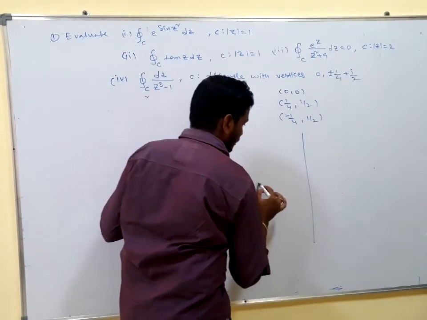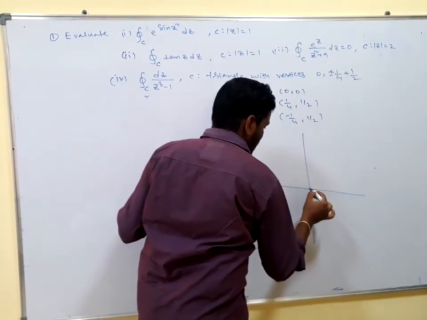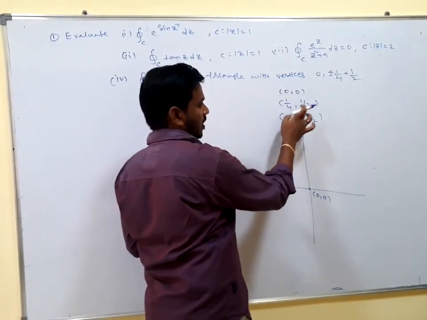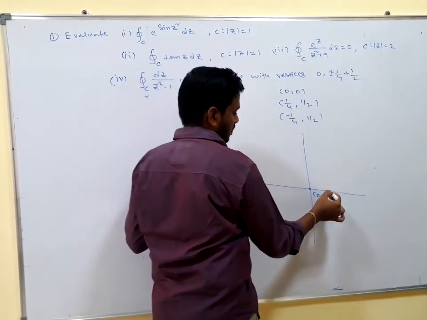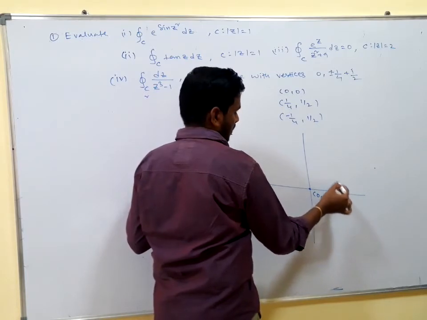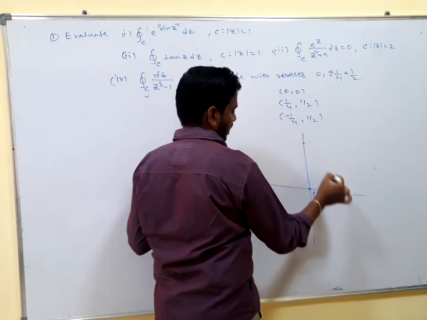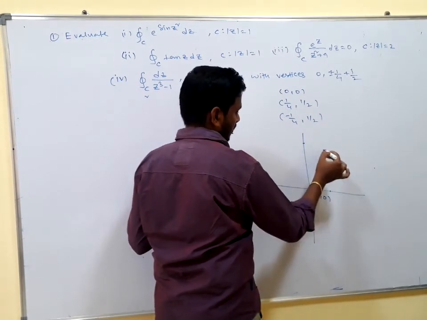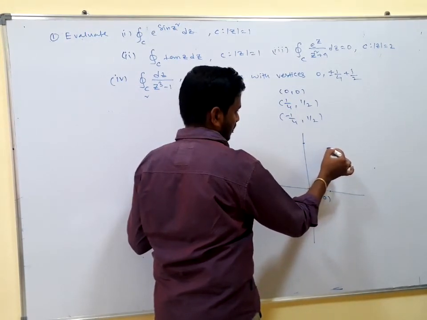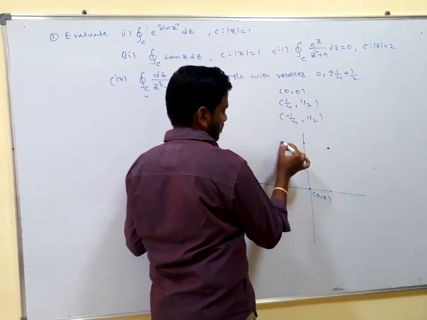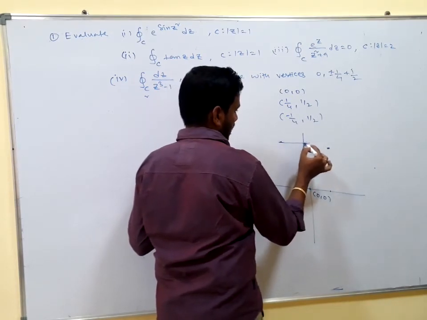See, it is 0 comma 0. It is x positive, y positive, this is 1 by 2, this is 1 by 4. In the same way, it is x negative, y positive. This is the triangle.